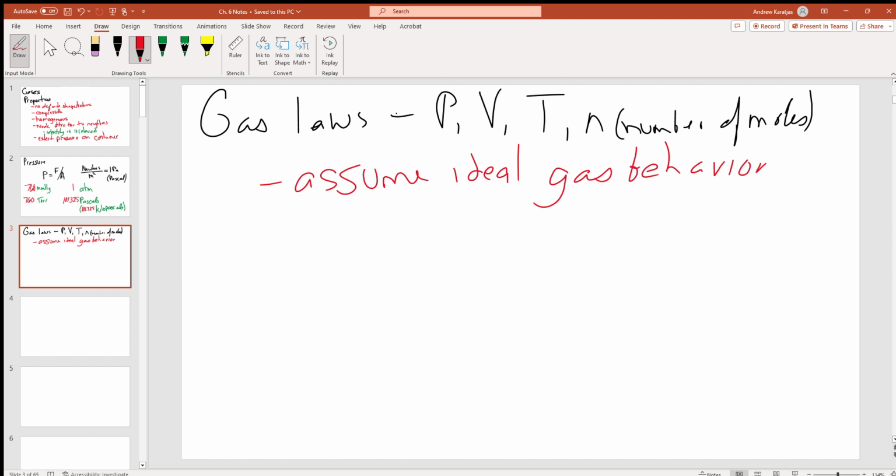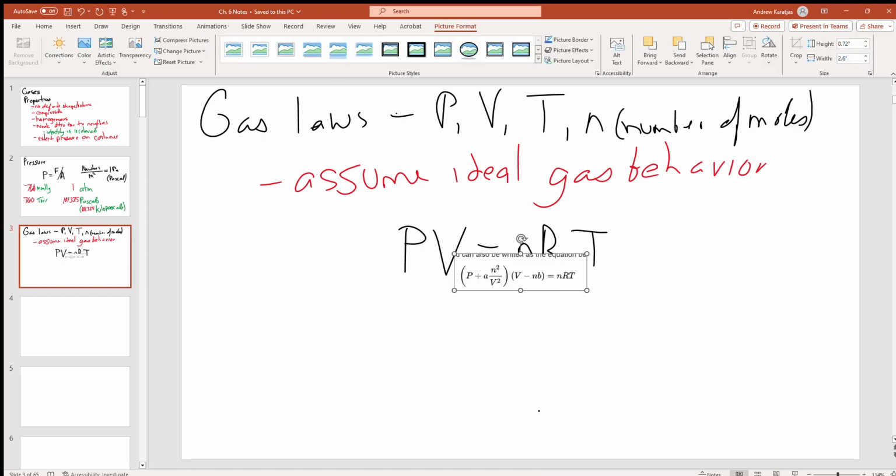It basically means that a gas follows the ideal gas law. The ideal gas law we can just show very quickly here. We'll come back to it later. PV equals nRT. So if a gas obeys that equation, PV equals nRT, then we consider that to be an ideal gas. And as I said, for the purposes of this chapter, we're just going to assume that the gases we're looking at do.